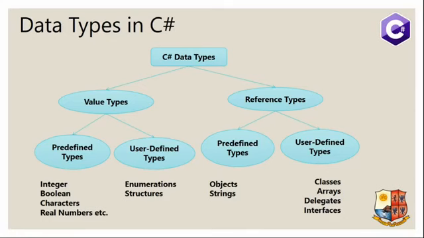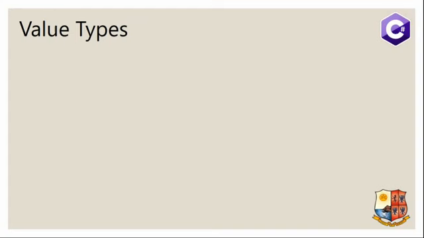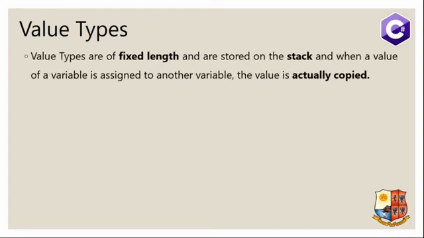Let's go a little bit more in depth, starting with value type. What are value types? They have fixed length. They are stored on the stack. And when a value is assigned to another variable, the value is actually copied.